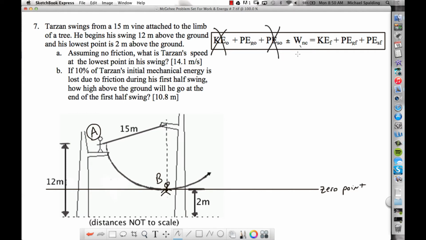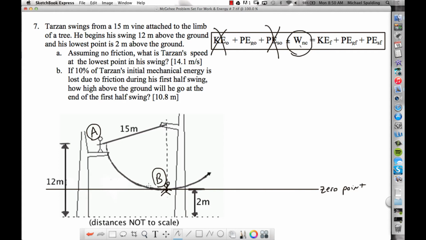Next one, work non-conservative. Now what is work non-conservative? It's the work done by any force other than gravity or spring. As Tarzan moves from point A to point B, there is only one force doing work. What's the force doing work from point A to point B?